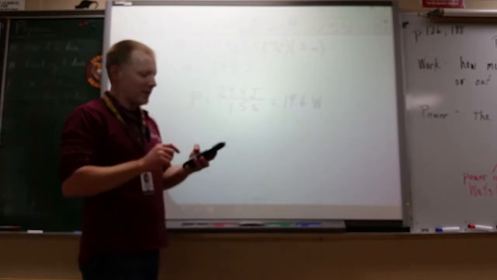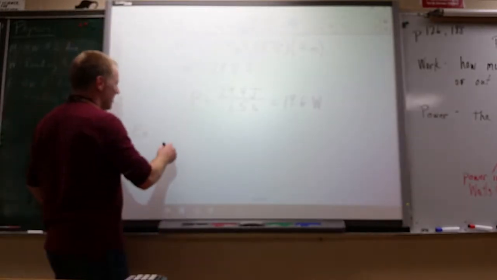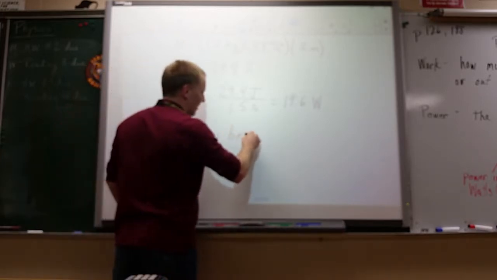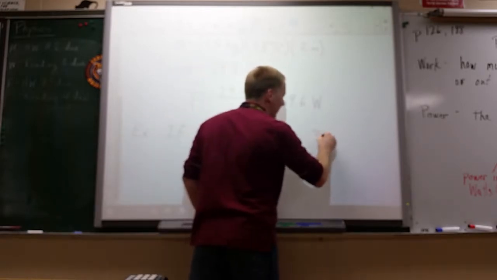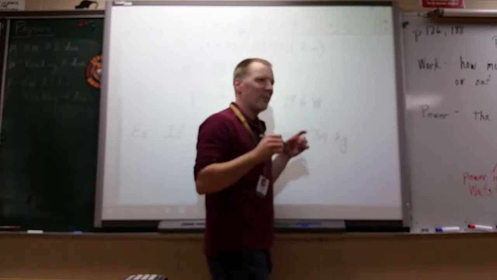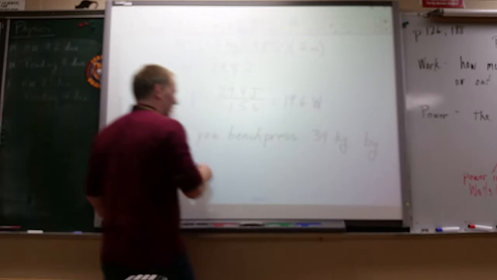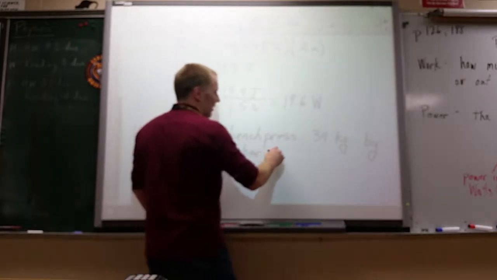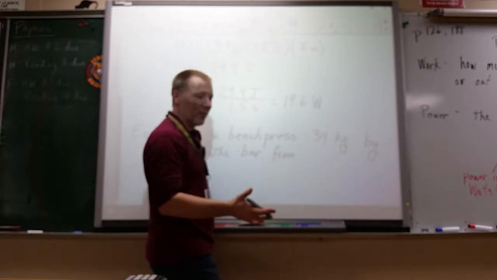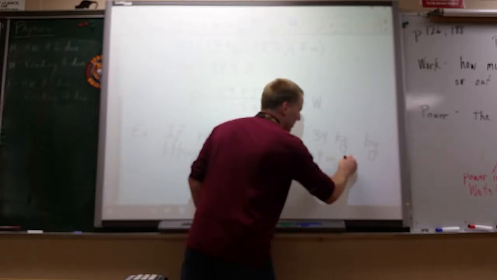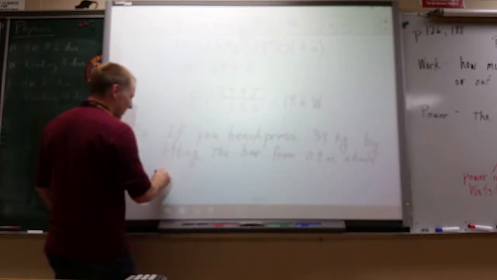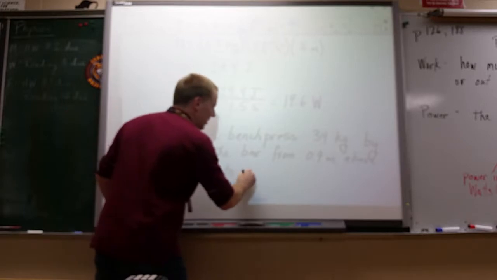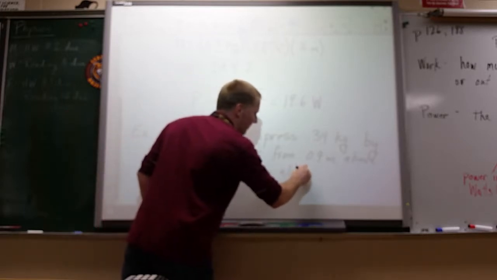75 pounds is 34 kilograms. So let's say that if you bench press 34 kilograms by moving the bar from, let's see, if you're on a bench, you're probably about, let's call it 0.9 meters above the ground, to, it's maybe 1.5 meters above the ground, or above the floor.